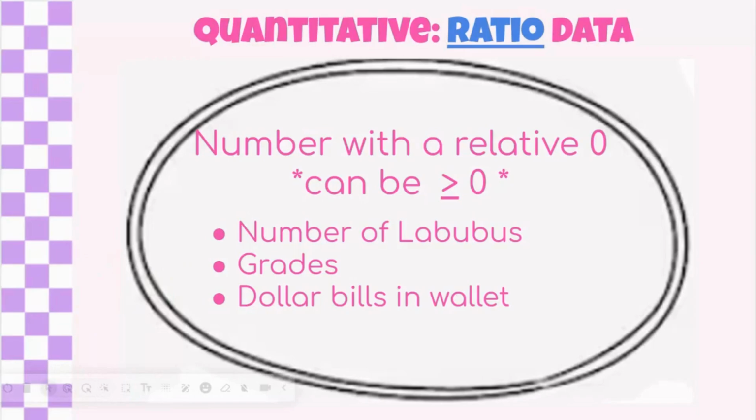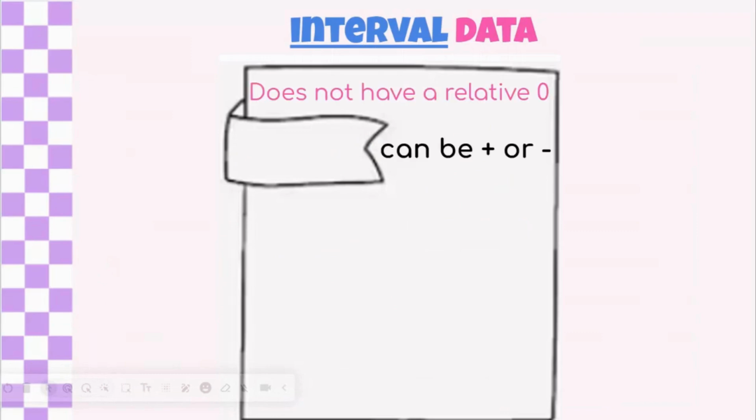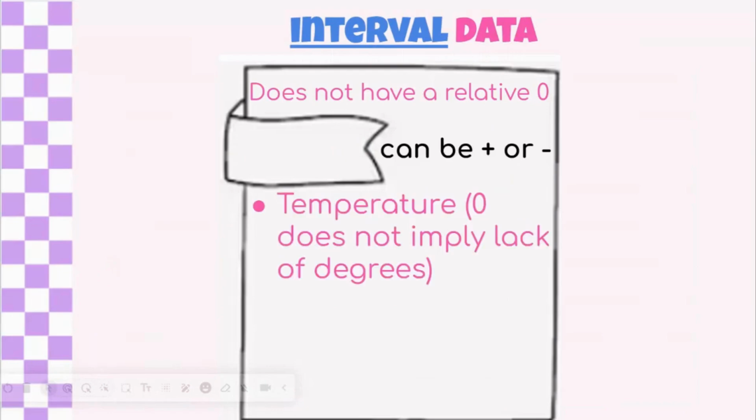Now, on the other hand, there's something called interval data, and this does not have a relative zero. What that means is that 0 in this case doesn't mean that there is a lack of whatever the thing is. So it can be positive or negative, and I like to use temperature as an example.